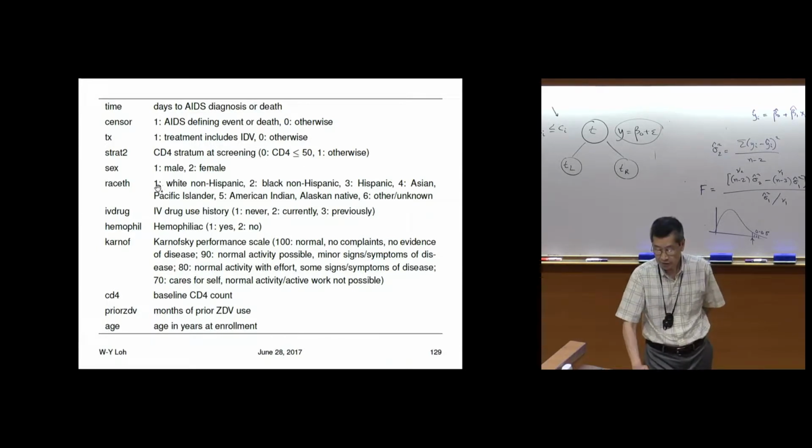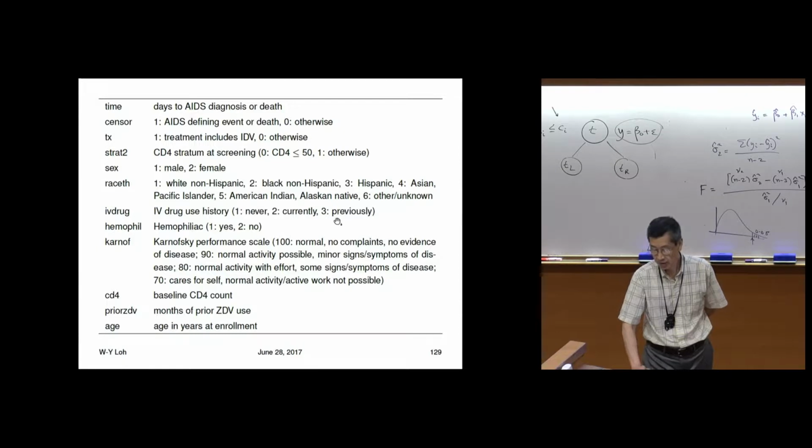The age of the subject, and the race of the subject, there are 6 categories. Whether the subject had used intravenous drugs before: 1 is never, 2 is currently, 3 is previously. So I guess it's safer to treat this as a categorical variable rather than an ordered variable.